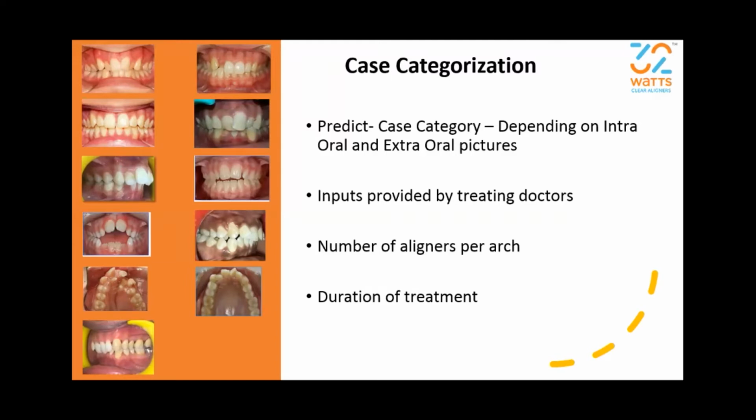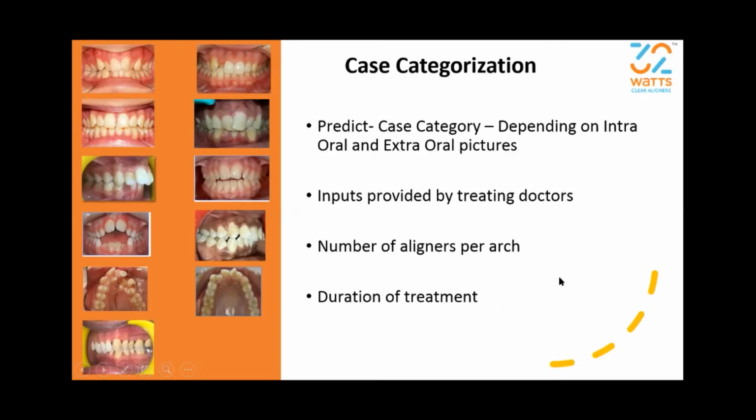On the other hand, a difficult case of malocclusion, which has a greater range of movement, would require a greater number of aligners and hence the cost of the aligner therapy increases. So we get the inputs from the treating doctor or your orthodontist, and we predict the number of the aligners per arch and the duration of the treatment.